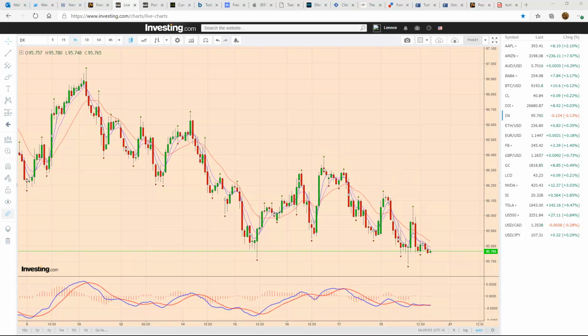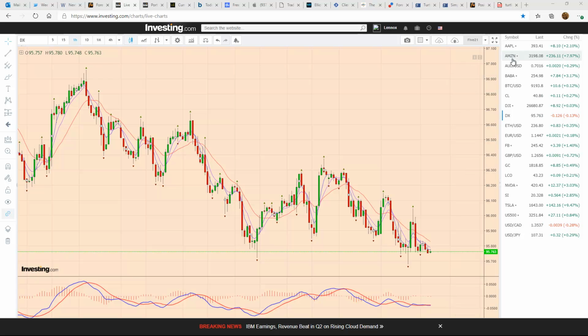All right, so as an example, let's take a look at some of the major pairs real quickly and get an idea of what transpired. So Aussie US dollar, for example.